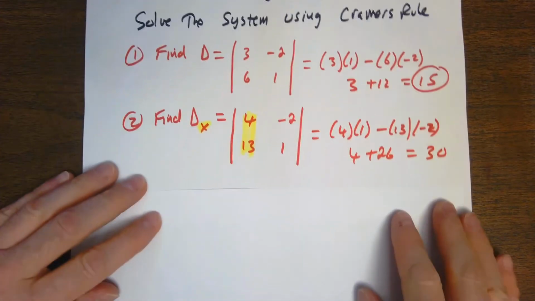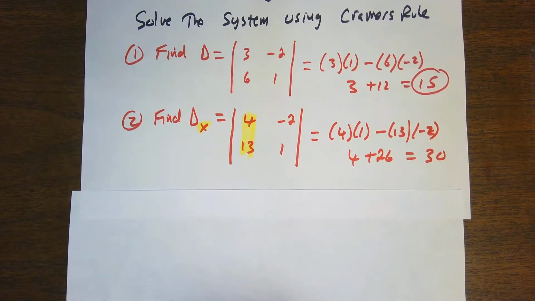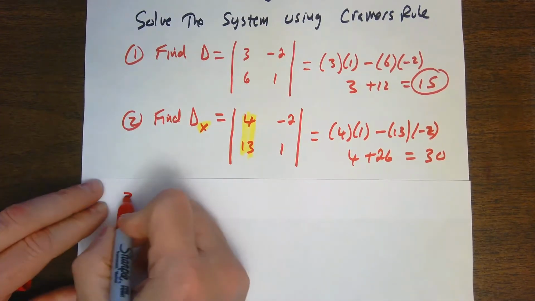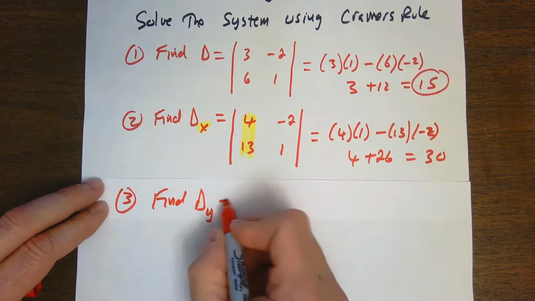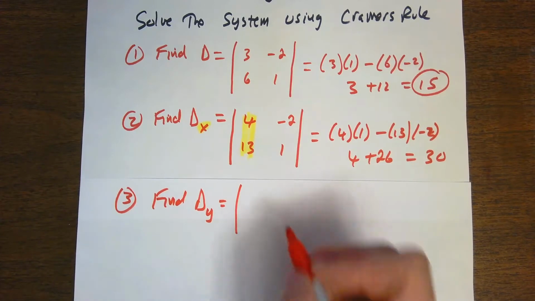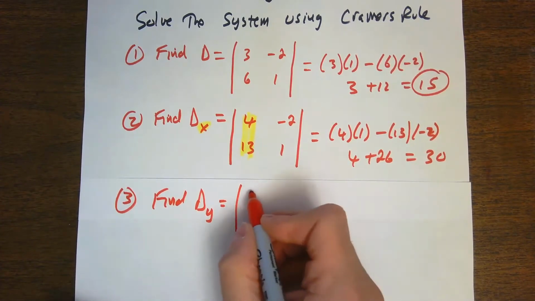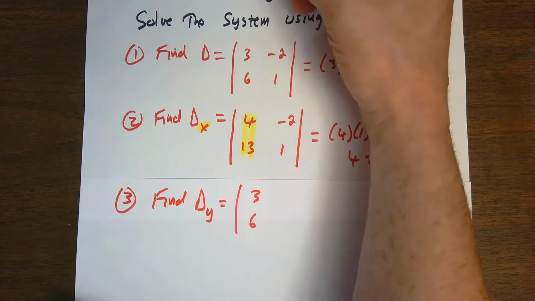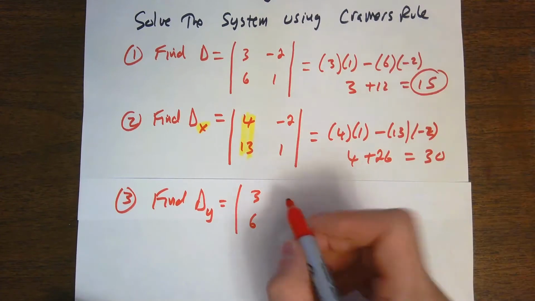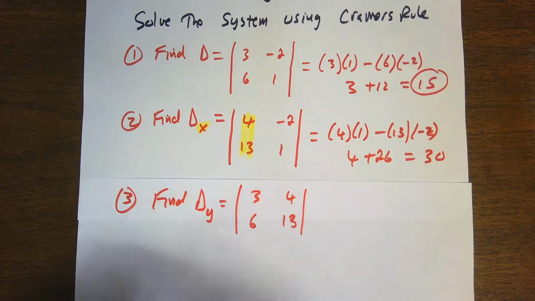Next, we're going to find the determinant of matrix Y. Can you imagine what we're going to be doing here? We'll leave the x's in, the 3 and the 6, but this time we're going to replace the y's, the -2 and the 1, with the constants, 4 and 13.